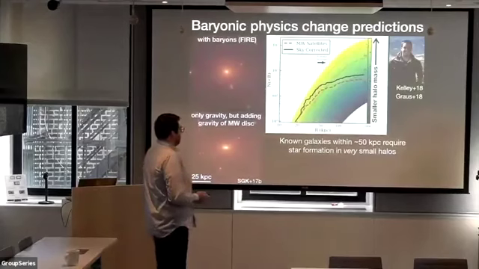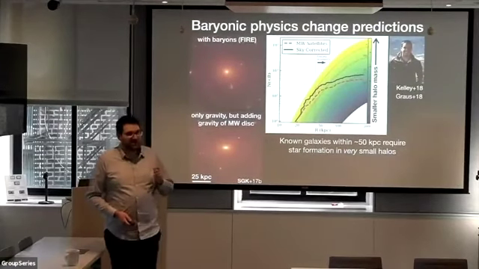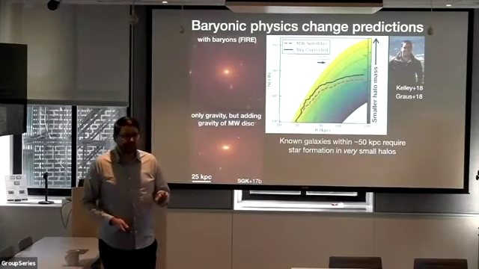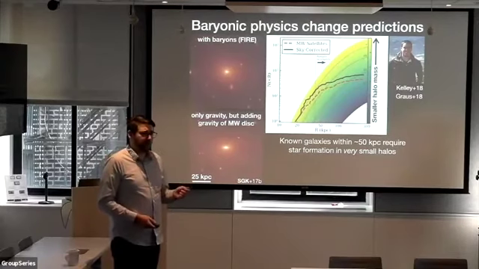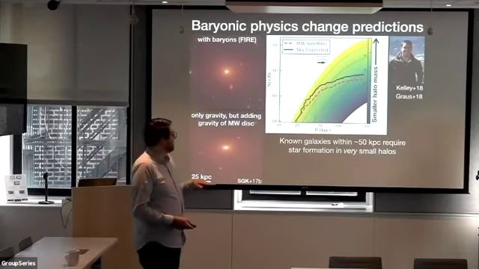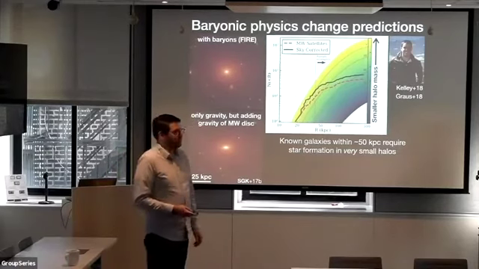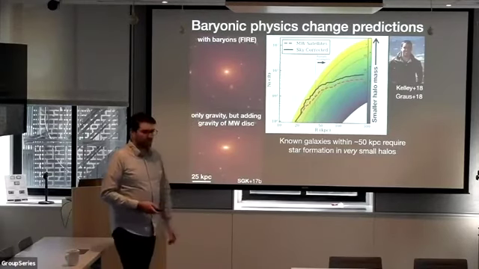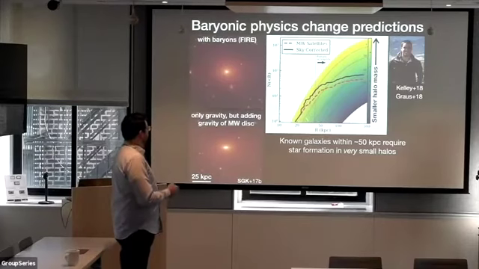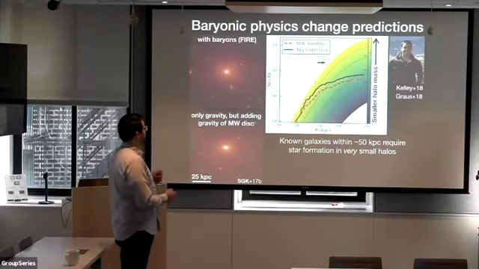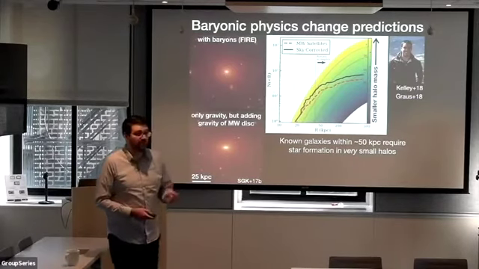Now, Tyler Kelly and Andrew Grouse did a really nice follow-up of this work too, where Tyler ran a lot more of these simulations with an analytic disk potential. He called this suite Fat Elvis, P-H-A-T. That was recently published, a month or so ago. And what I'm showing you here in red is the radial distribution of galaxies that we know of around the Milky Way.